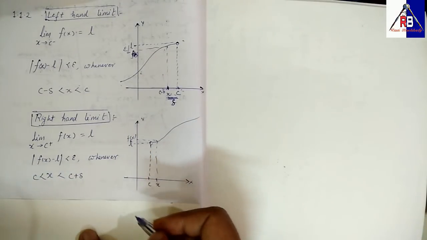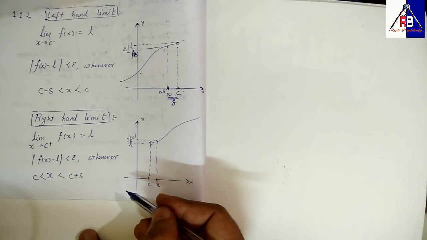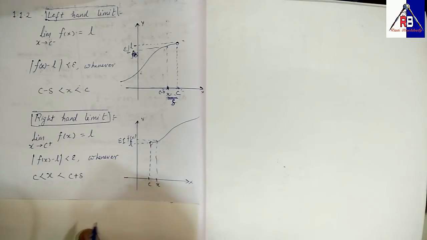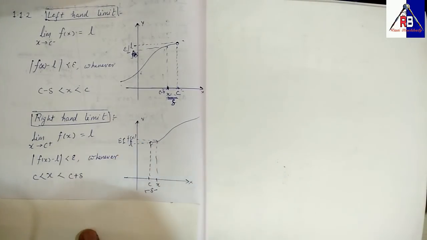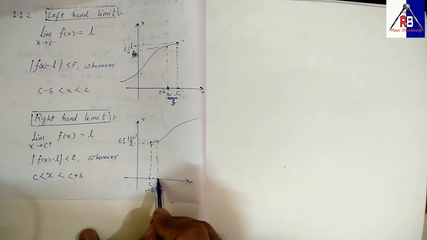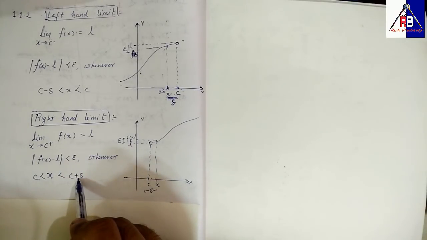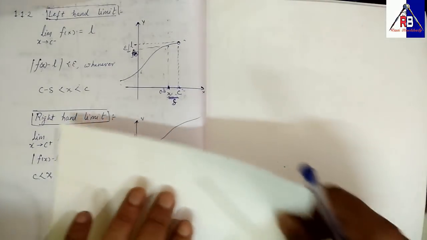So I repeat, a function f is said to tend to a limit L as x tends to c from right if given any epsilon greater than 0, however small, there exists a delta greater than 0, such that x lies between c and c plus delta. So this is the definition of right hand limit.